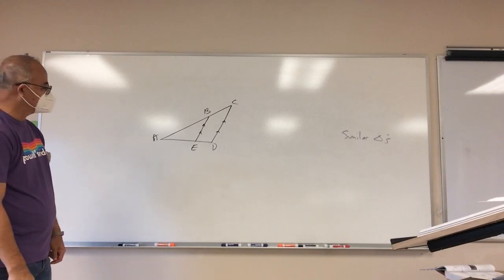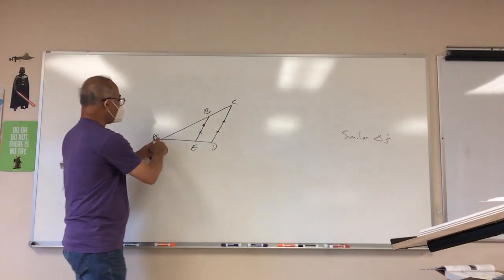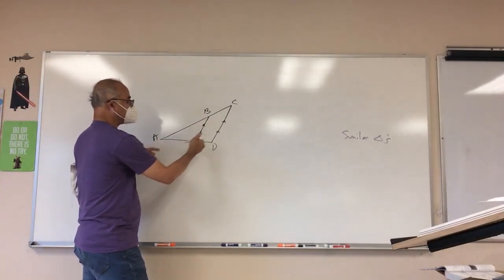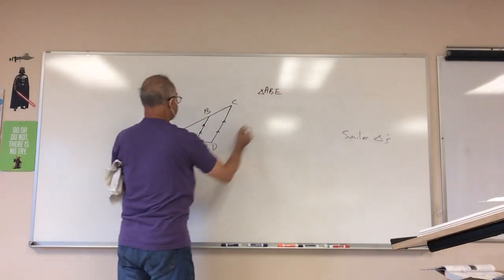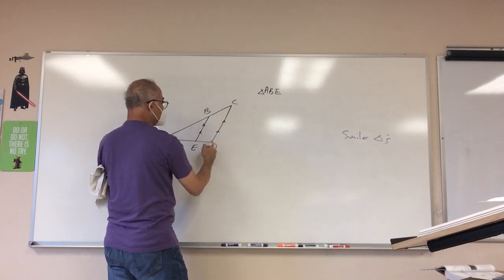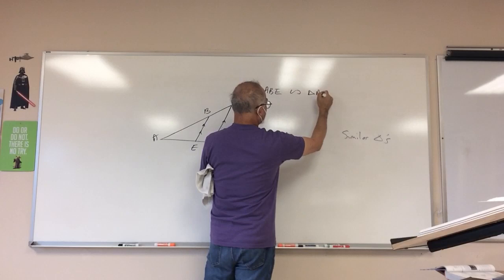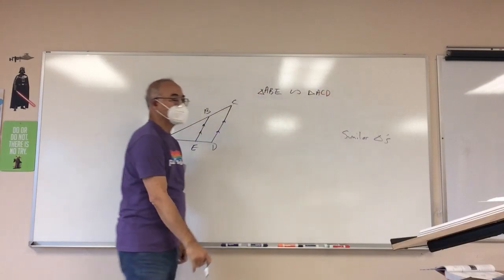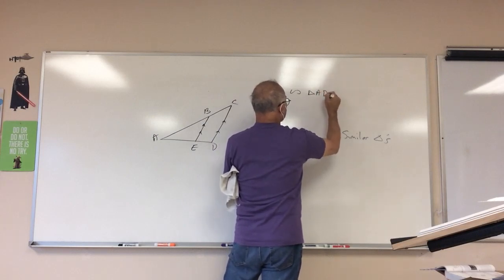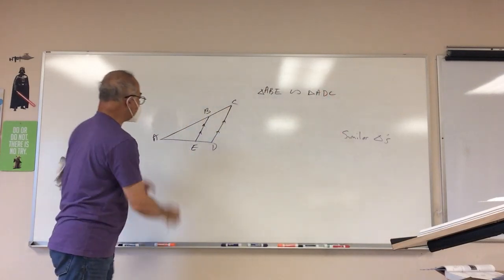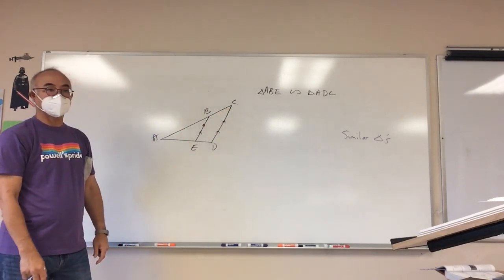A, B, E, and A, C, D. Okay. So it's A, B, E is similar to A, C, D, right? So is this correct? Because ADC is the same triangle, correct? Can I say that?